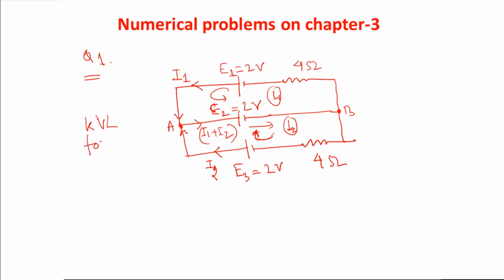If I apply KVL for loop 1, what you get is, this is I1, so 4I1 is the current. So I'm coming from the cell this way, and there is no resistance across this line A to B, so there is no drop across this. So the only voltage drop will be across this 4 ohm.